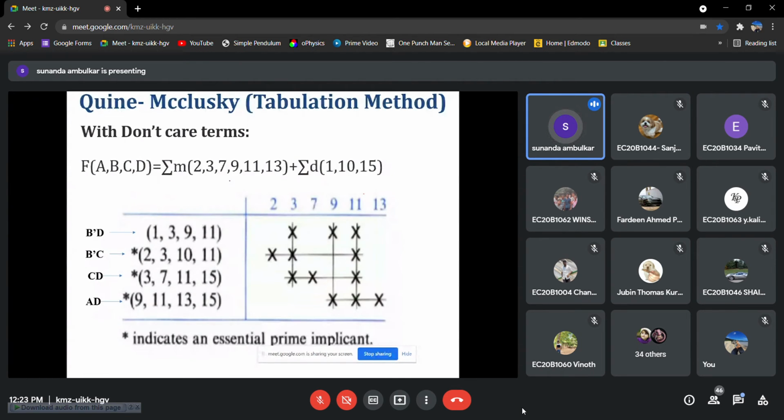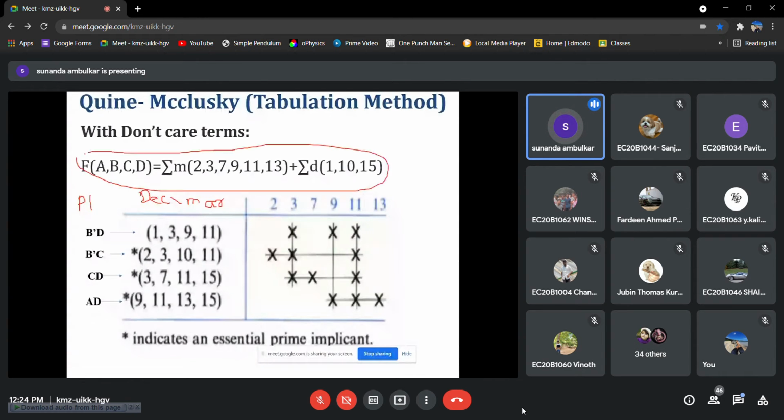We have to prepare one prime implicant table. Here the first column is the prime implicant terms. Second is the decimal terms which make the prime implicant, and the next is those min terms which make this Boolean expression.